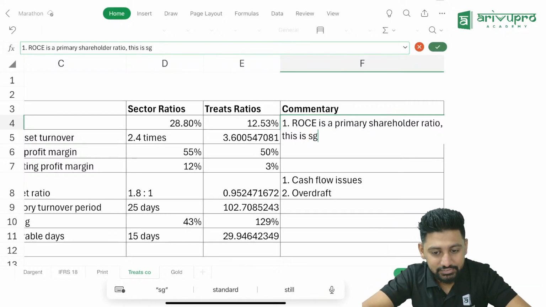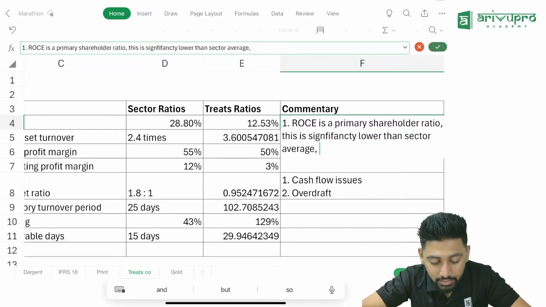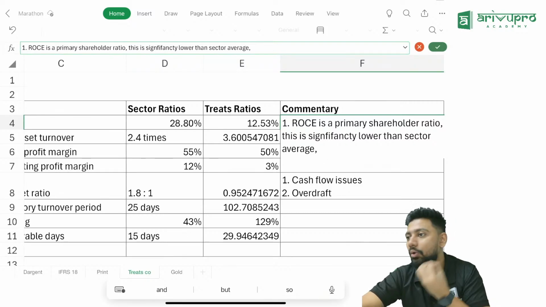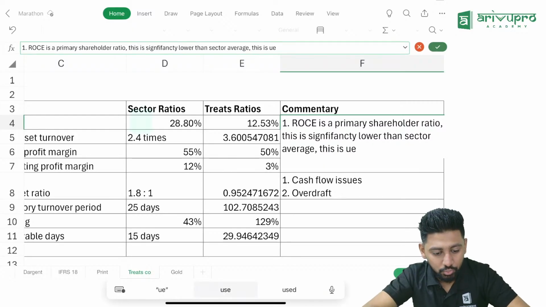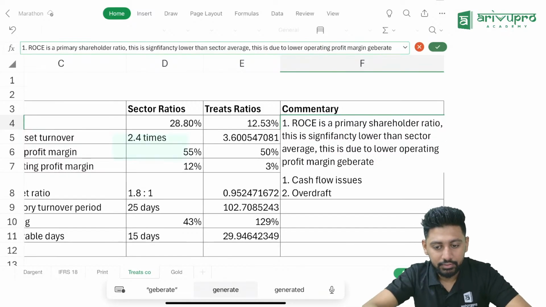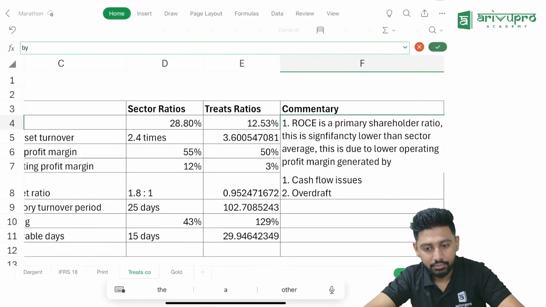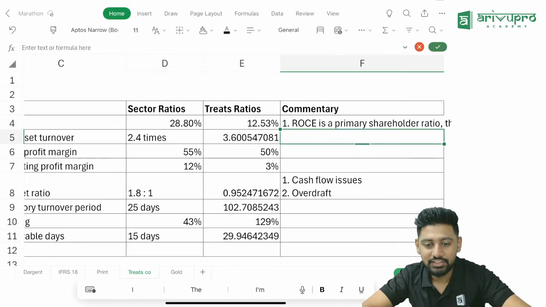This is significantly lower than sector average. Why? Because of the low operating profit margin generated by trade. This is due to lower operating profit margin generated by T. In other words, not creams, it's T.